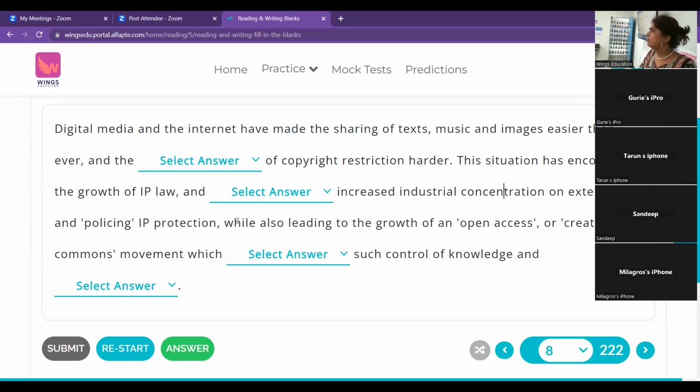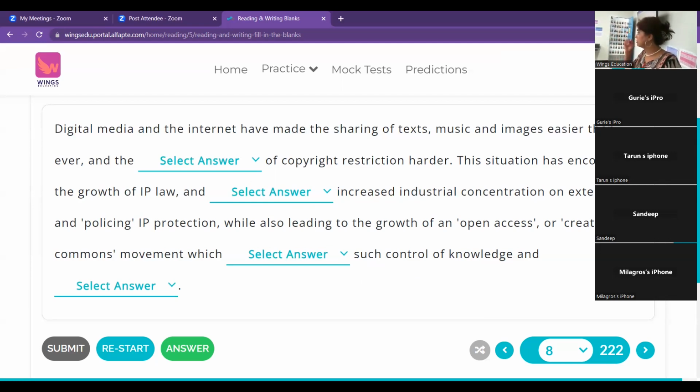Also, let me ask Sushmita to read from here. The goal of an open access or Creative Commons movement with such control of knowledge and so. Thank you so much. Mila, I'll give you a turn later. Be ready with your mic, okay? Next time.